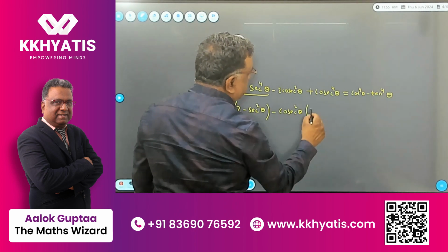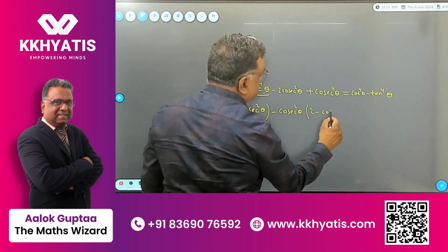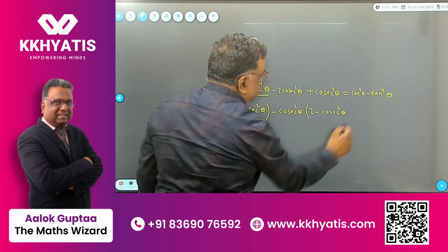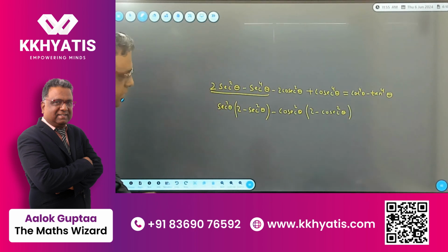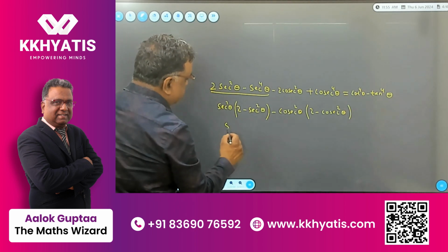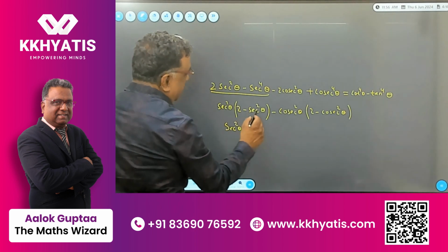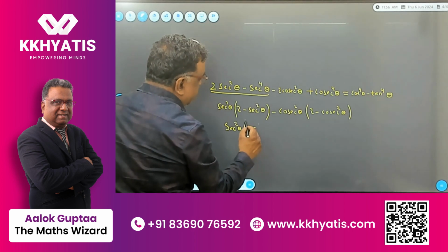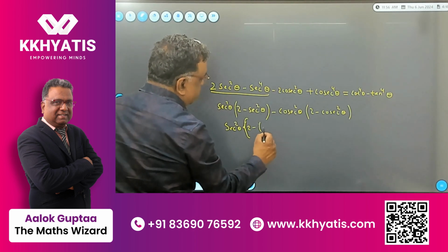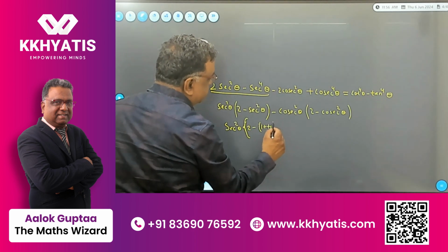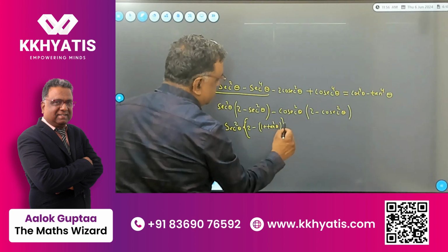So this will become 2 minus cosec square theta. Okay. Now this will become sec square theta. Now I know sec square theta, I can write it as 1 plus tan square theta. Yes or no?